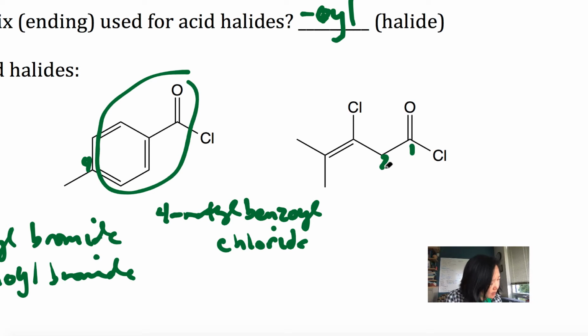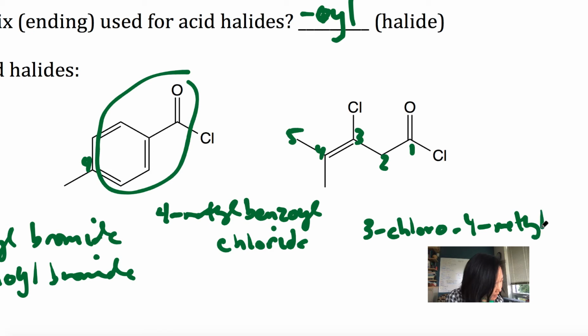This is a 1, 2, 3, 4, 5. So pentanoyl chloride, but we've got several groups on here. So 3-chloro, 4-methyl, pentenoyl, so pent-3-enoyl chloride.